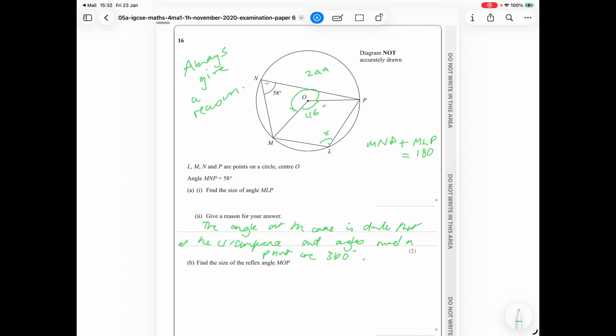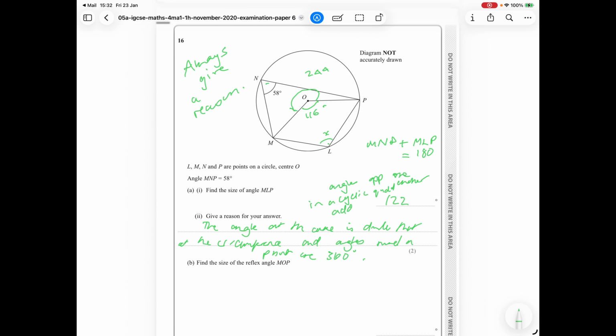I literally could have just done that. So we can check that: 180 minus 58 equals 122. And so that was angles opposite one another in a cyclic quadrilateral add to 180.